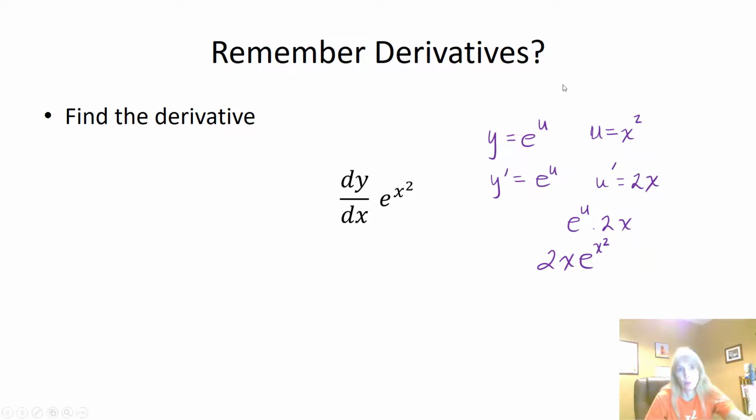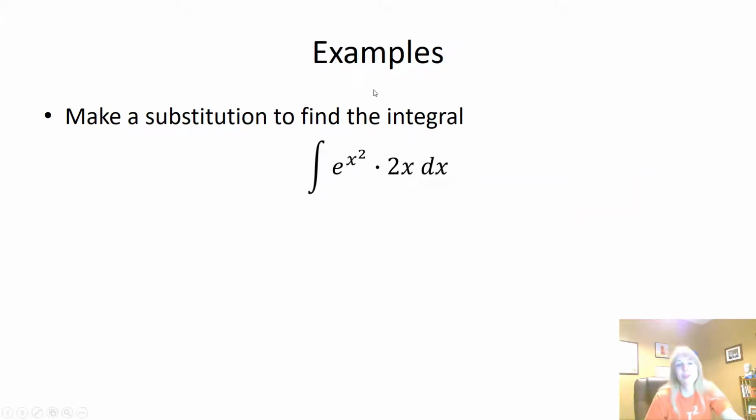If you did it this way, with the breakdown, you'll see why this works with the substitution. So substitution now says I want to find this antiderivative. With substitution, we say let u equal our inside function, which is x squared.